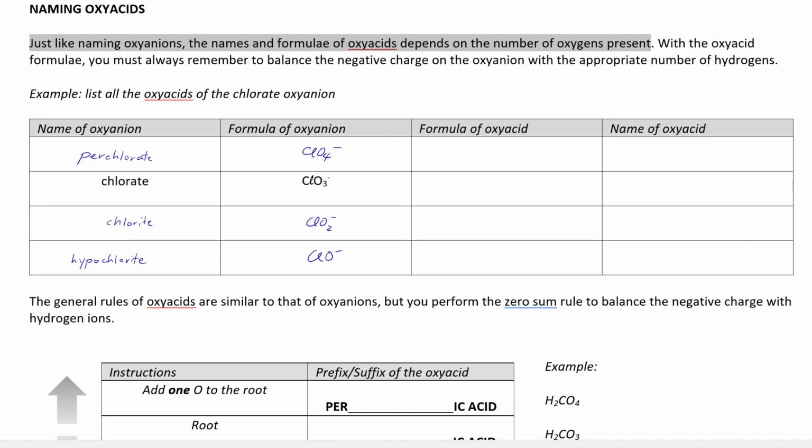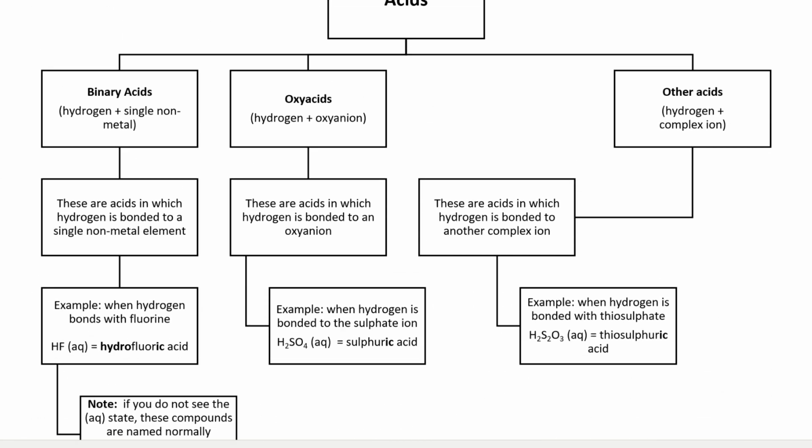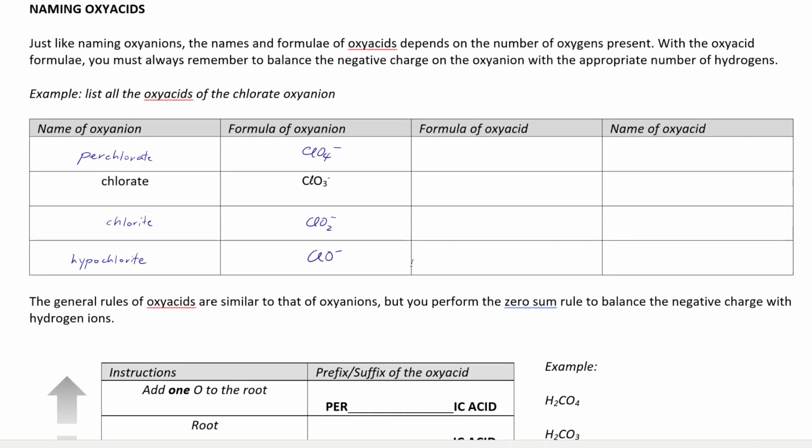These oxyanions, as we saw in the flowchart above, can bond with hydrogen and make what's called an oxyacid, and we have specific naming rules for that. If we have H bonded to ClO3, so HClO3, the name of that oxyacid is chloric acid.